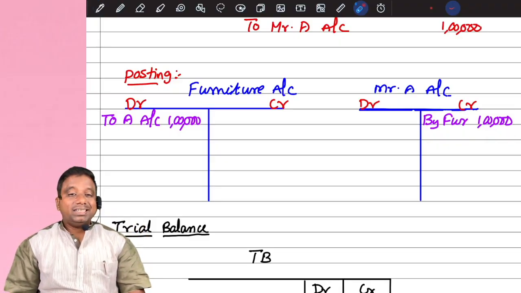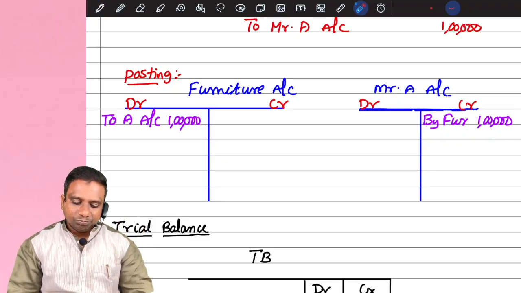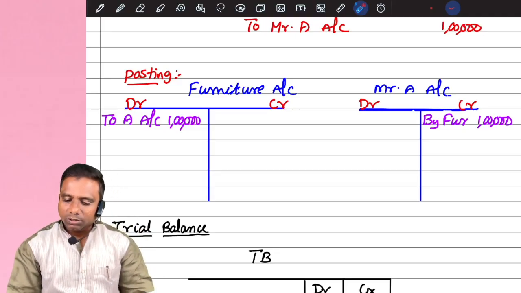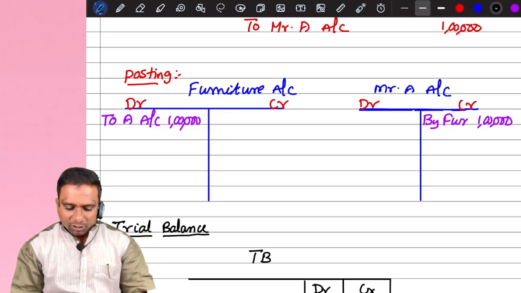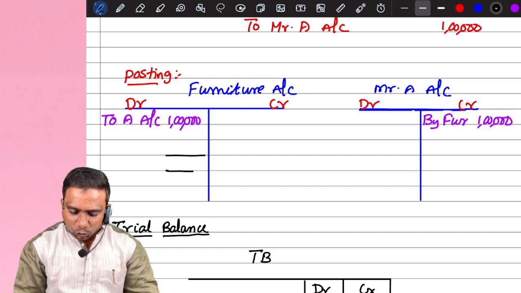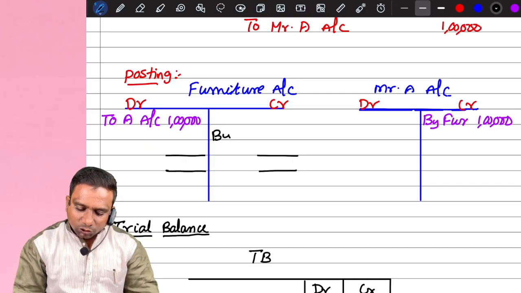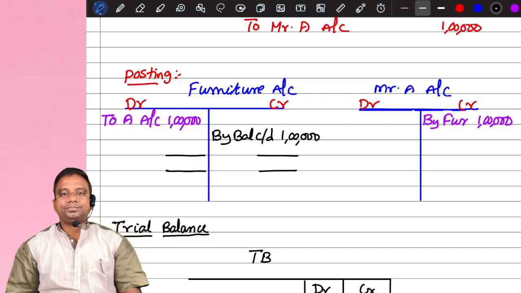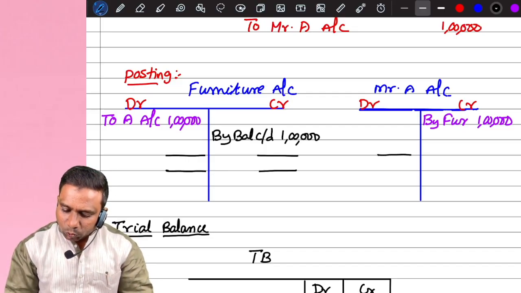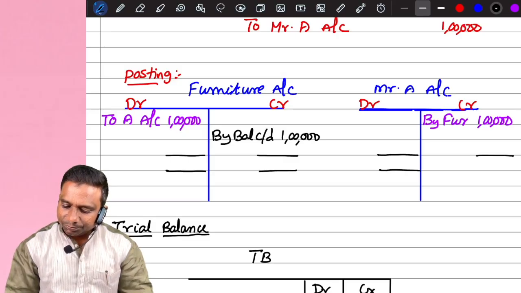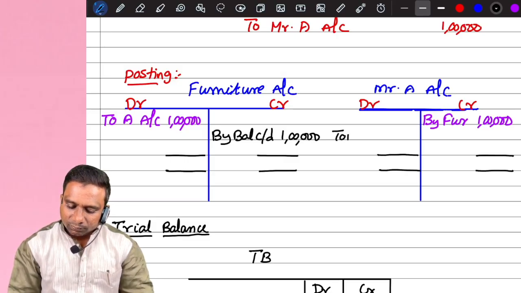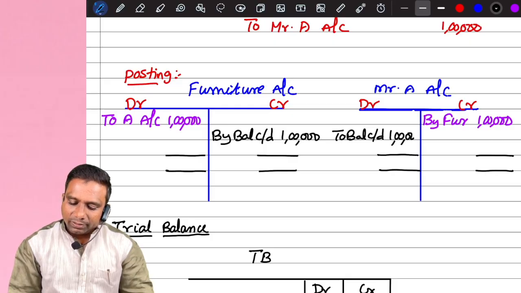After posting, the next step is balancing. Observe carefully. Furniture account is showing a 1 lakh rupee balance, so by balance carried down 1 lakh. And Mr. A account is also showing a 1 lakh rupee balance, to balance carried down 1 lakh.